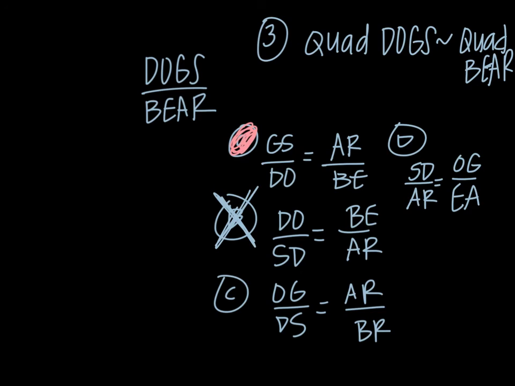Does not work because OG should go with EA. Finally, we have SD. So this one's actually going vertically up and down. SD going with AR. That doesn't work either. So the correct answer would be A.